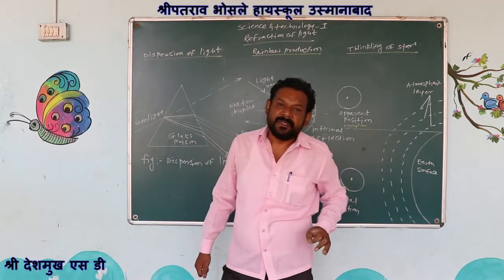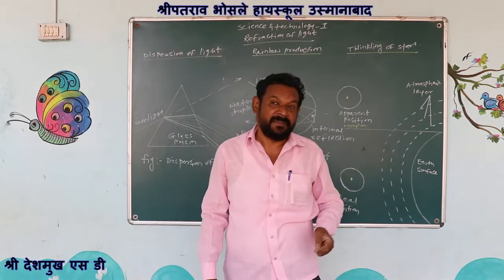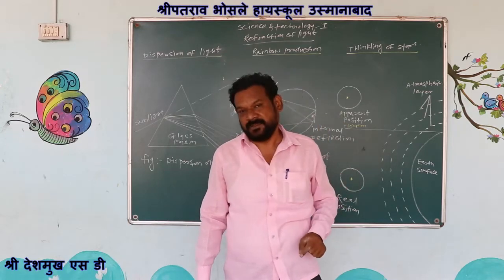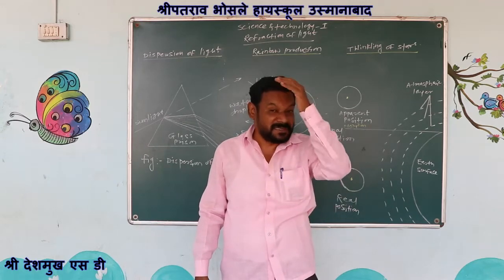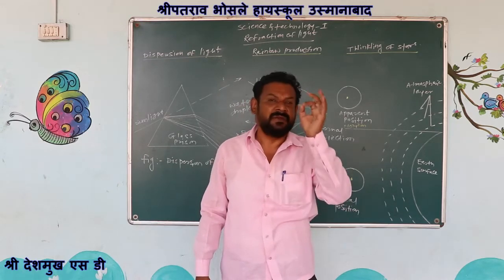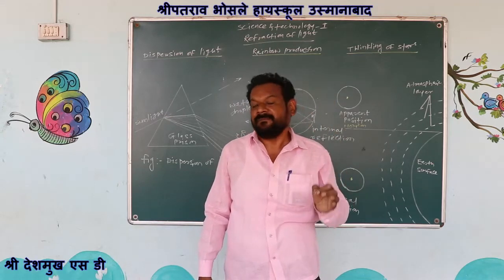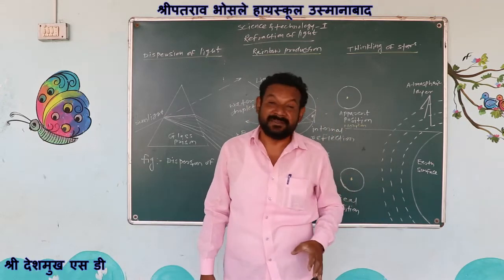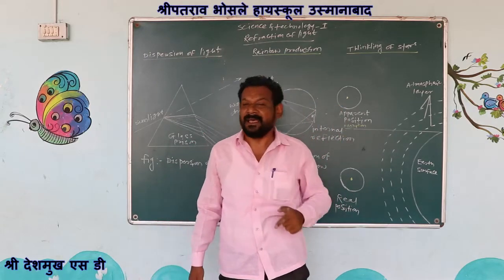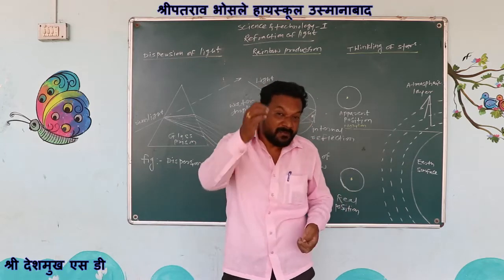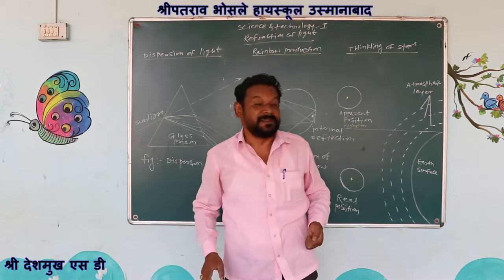If the incident rays of light enter a glass prism, we obtain the separation into seven colors, and these colors bend at different angles. Incident rays of light fall on a glass prism, a spectrum is formed, with different angles.